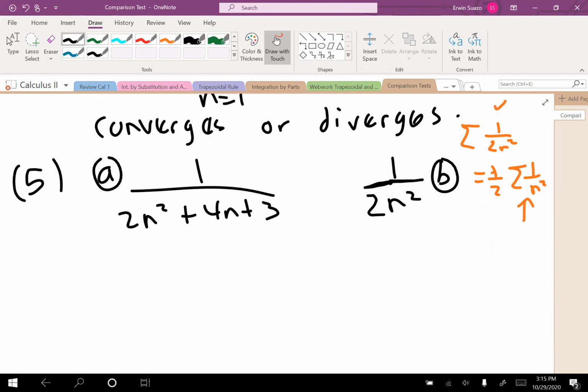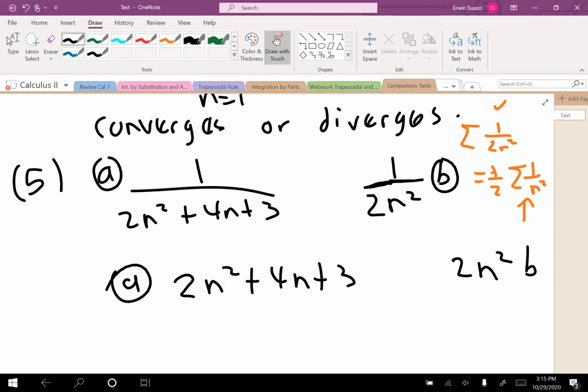B. B. How can we prove that? We do as we did before. Let's forget about the fraction. Fractions are ugly. So 2n squared plus 4n plus 3, and let's put here 2n squared. Who is bigger? A or B? A. Because you have 2n squared and you have 2n squared, and you have 4n plus 3 all the time.